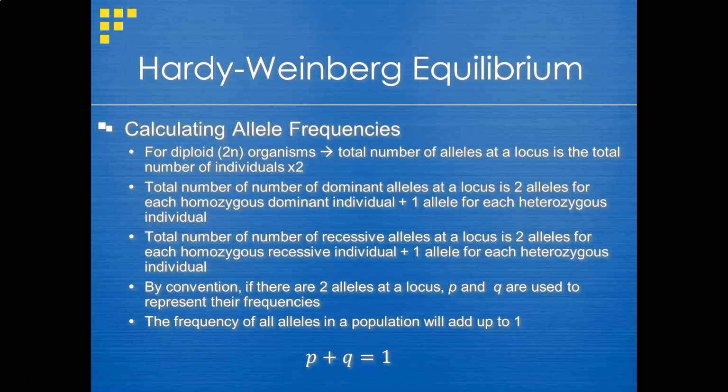Individuals who are heterozygous have 1 copy of each allele, and so they're only contributing 1 copy to the population. The recessive would be very similar. If I'm looking at homozygous recessives, then they're contributing 2 alleles. If I'm looking at a heterozygous individual, they're contributing 1.